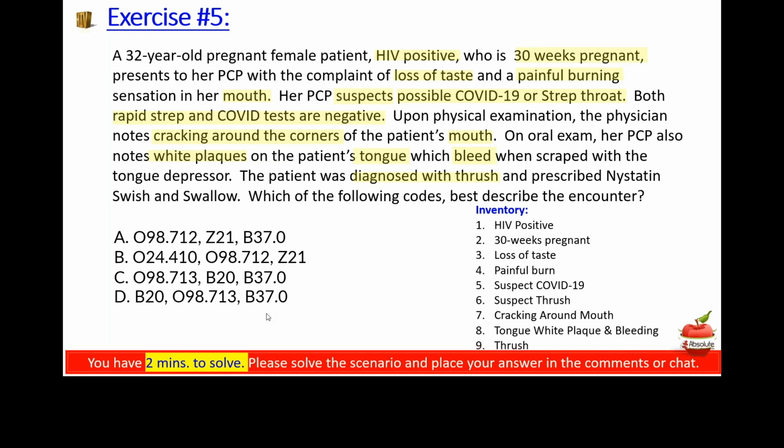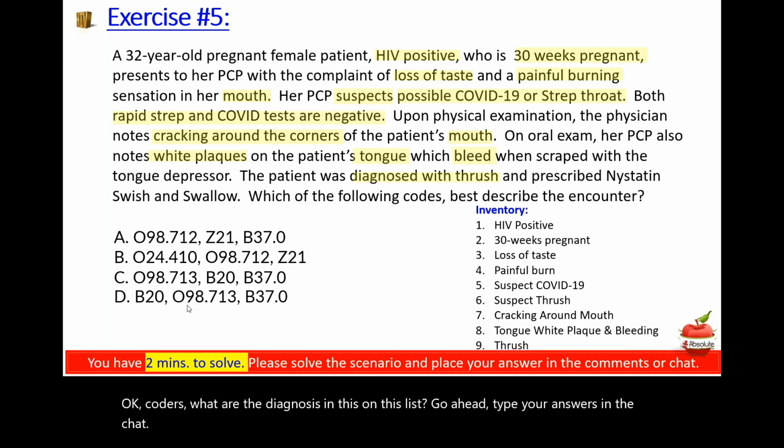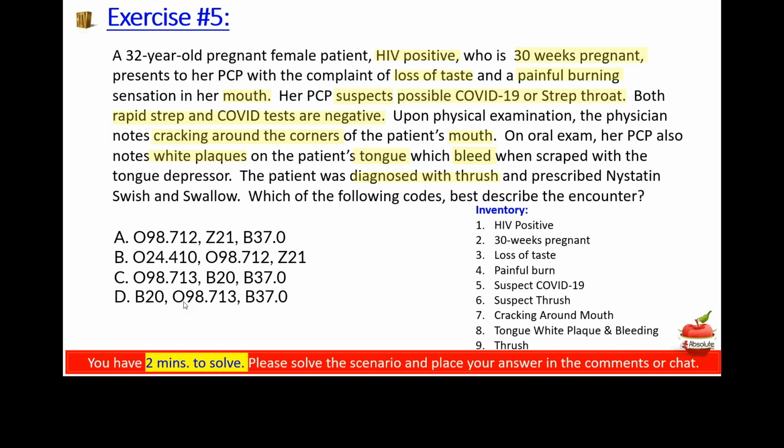Okay, coders, what are the diagnoses on this list? Go ahead, type your answers in the chat. Yes, HIV positive, 30 weeks pregnant, and thrush.